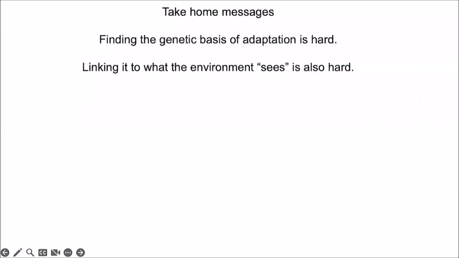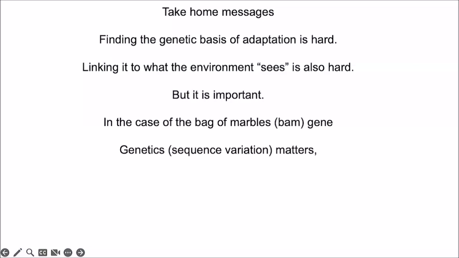The take-home messages are, as you guys appreciate from talking to you today: finding the genetic basis of adaptation is hard. Linking it to what the environment sees is also hard, even in something as simple as the bag of marbles gene, we thought. But it's important to do, obviously. In the case of bag of marbles, the genetics seems to matter.